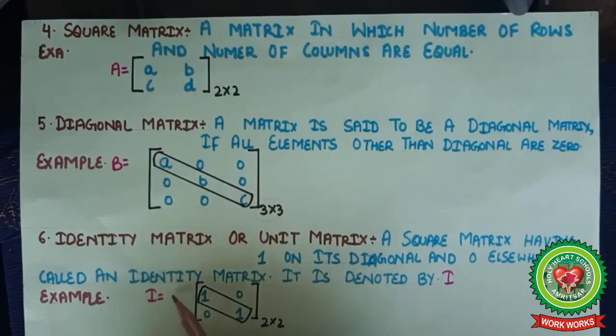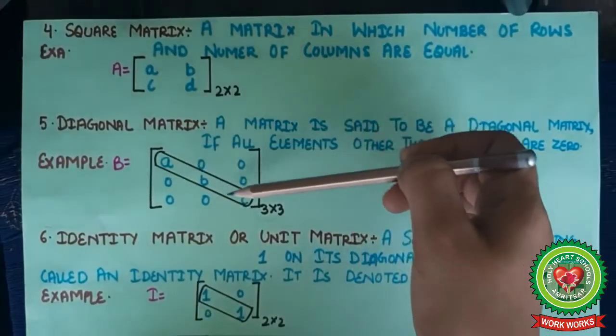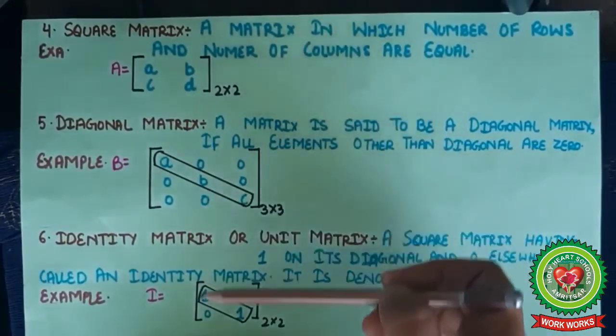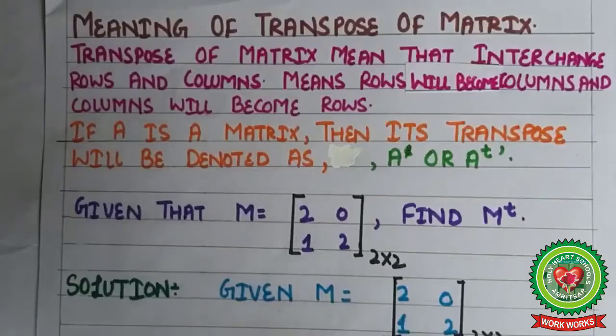Here what is the difference between these two matrices? In diagonal matrix, at diagonal places there can be any number, rest will be 0. But in unit matrix, at diagonal places there will be 1 only, rest will be 0. So this is the difference between diagonal matrix and identity matrix. So these are the main types of matrices.